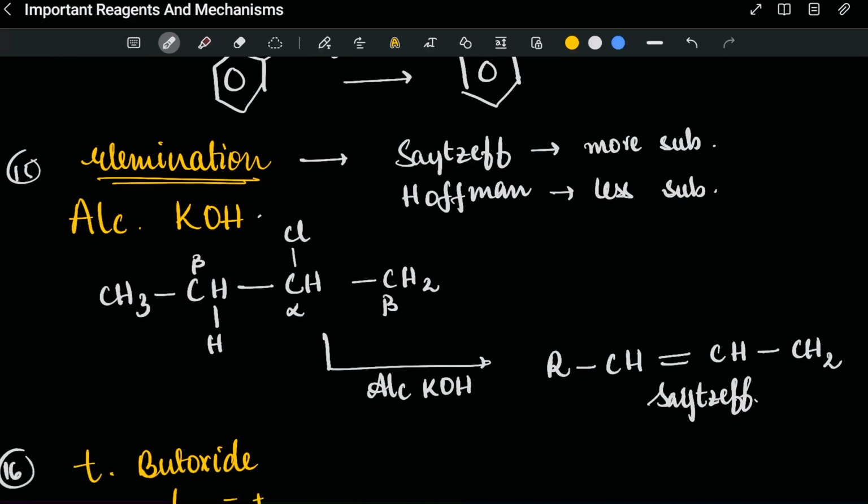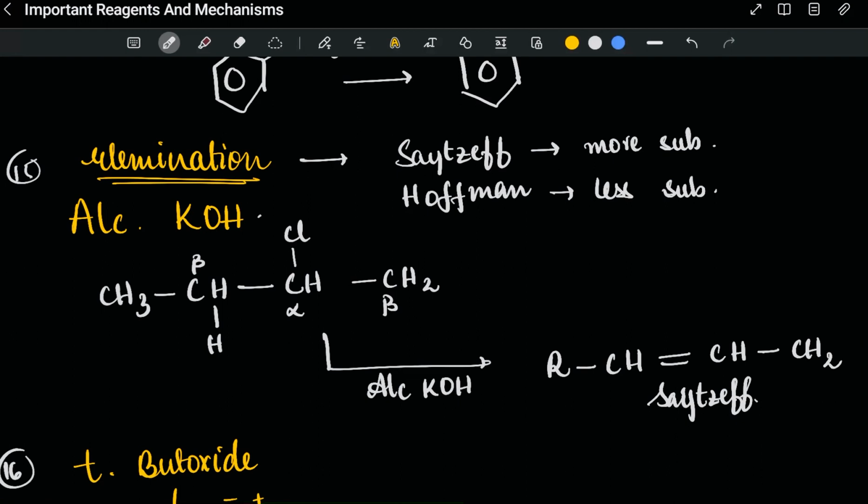Okay, now we have elimination reactions. I'm not going into detail on this. We will just see the main structure of this. If you want to see elimination reactions, you can see the alkenes videos or you can revise the alkenes topic. So elimination reactions are of three types, and beta elimination is of two types.